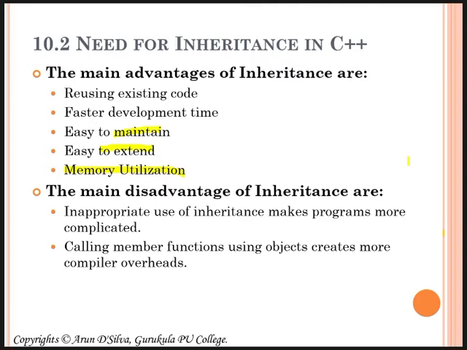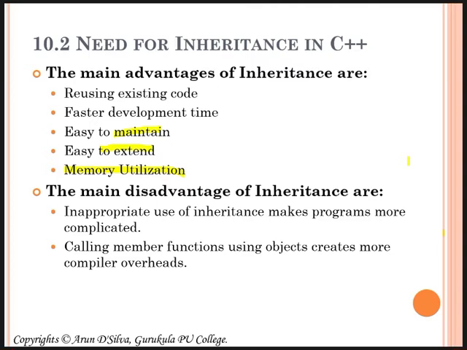Now if you are going for inheritance, how will you call the member function? That is one problem. The compiler has overheads to determine which class it belongs to, and if you are using similar function names, that may also give problems.